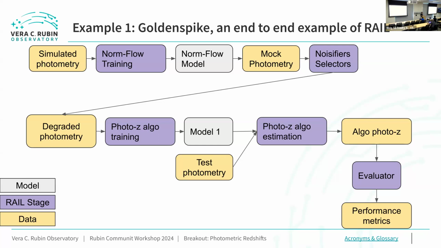It starts with using a normalizing flow to generate true mock photometry, applies noise and selection to produce a mock training set, puts them into different kinds of photo-z algorithms, produces the model, uses the model to get the photo-z of the test data, and evaluates the performance.